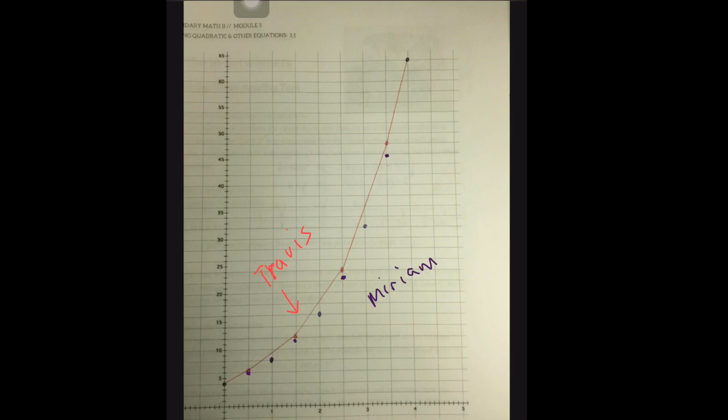Now if you look, Miriam's dots follow more with our original pattern, much more nicely than the others did. And then you could do 1/3, 2/3, 4/3, 5/3, and even get more of an idea. But I'm going to go ahead and try to connect the dots.